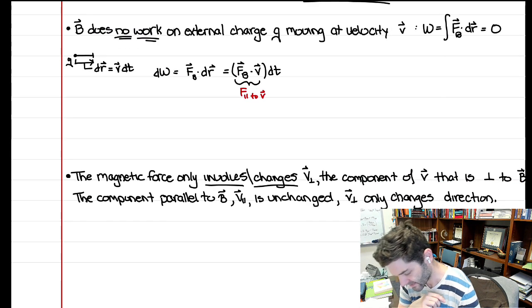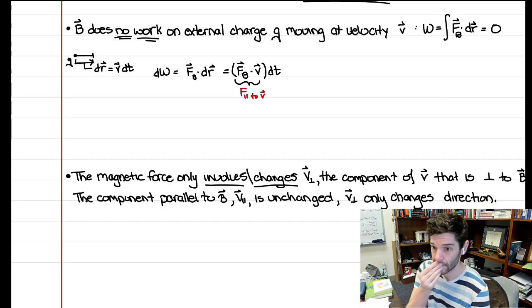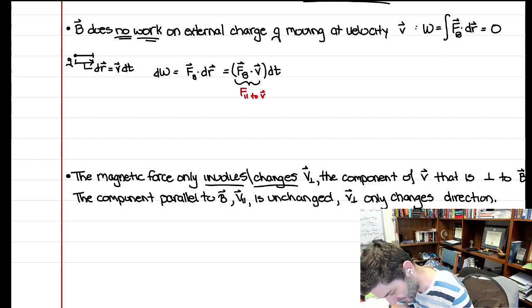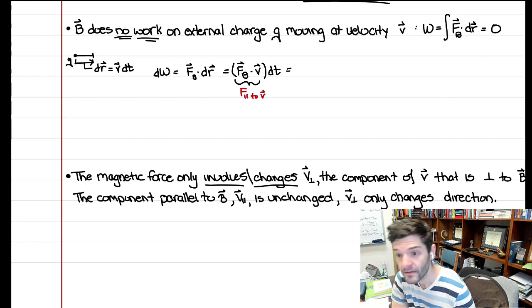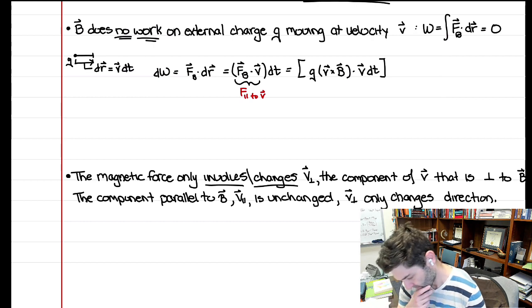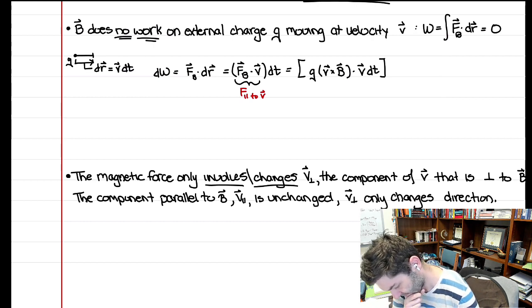Now conceptually, of course, I can just say that this is 0. But if we wanted to write it out more explicitly, as you might in upper level E&M, I think we have enough sophistication that we can do that. So let me write out the formula for the magnetic force: q v cross B. And this entire thing is dotted with v dt.